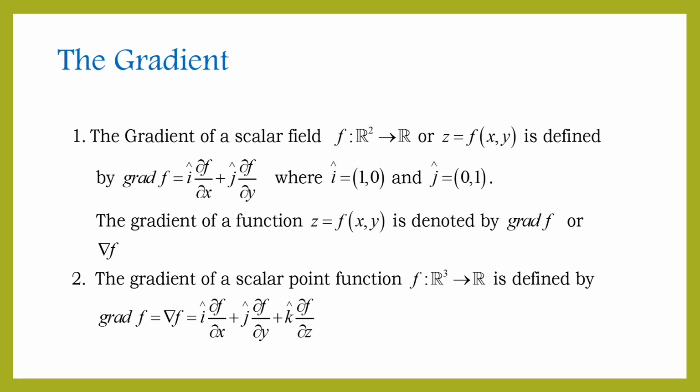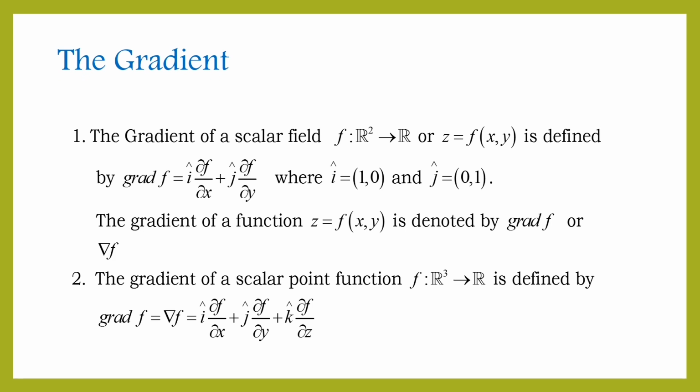Actually, z equals f of x, y represents a surface. For this surface, we find the gradient. The del symbol is also called nabla. So, we can read it as gradient of f or del f or nabla f.